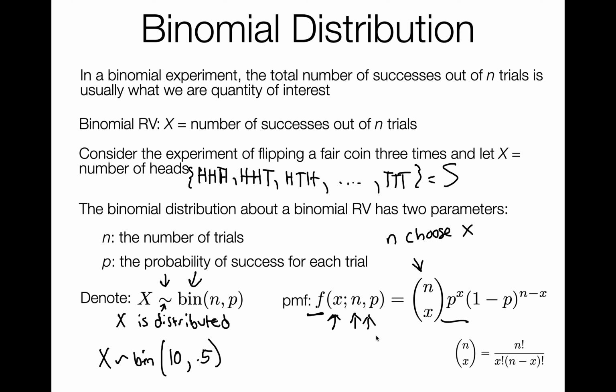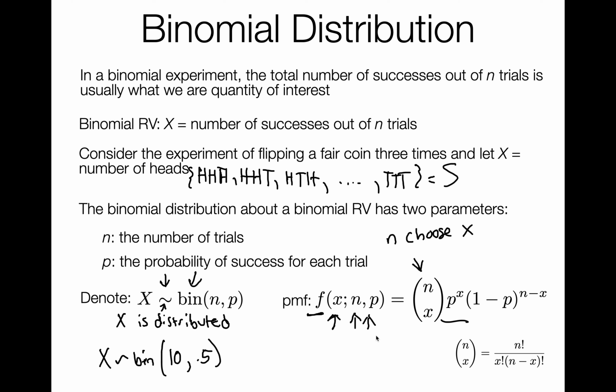So the probability of success is p, and I raise that to the number of successes that I have. You multiply those probabilities together. It's raised to the power, so it's really p times p times p, x times. That's the successes part.